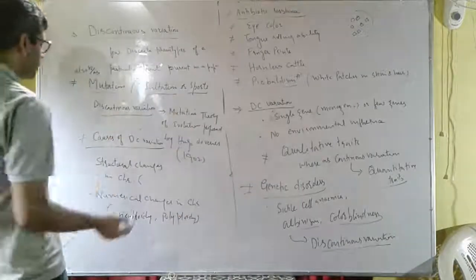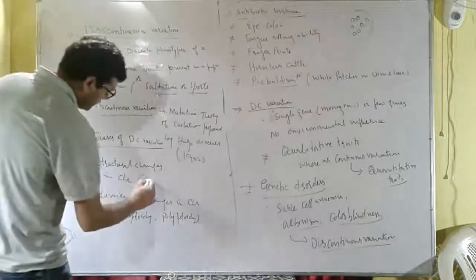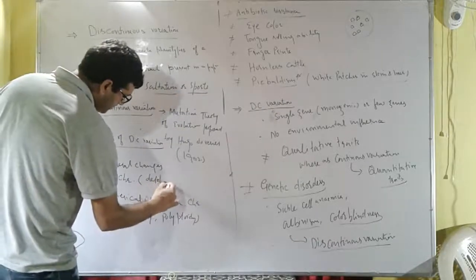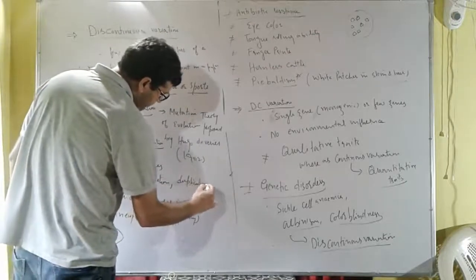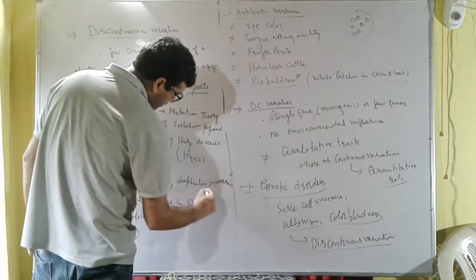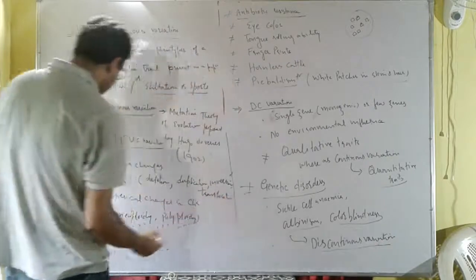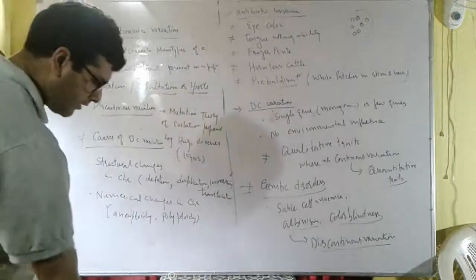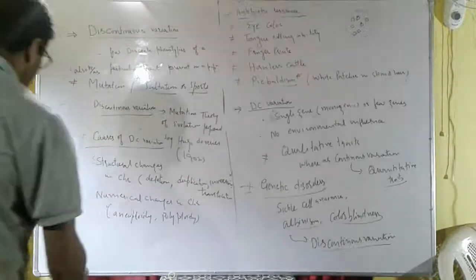The structural changes in chromosomes, or chromosomal aberrations, occur due to deletion, duplication, inversion, or translocation. Same is the case with gene mutation.